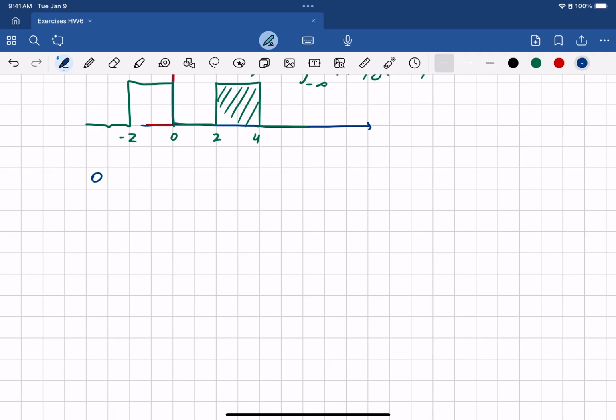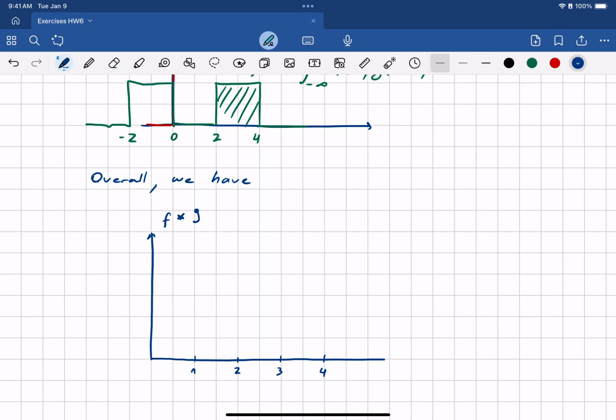So let's say here, overall, and let me make a point clear here with the plot of the convolution. This is going to be f star g, and we have 1, 2, 3, 4, 5, 6, 7, and 8 time.